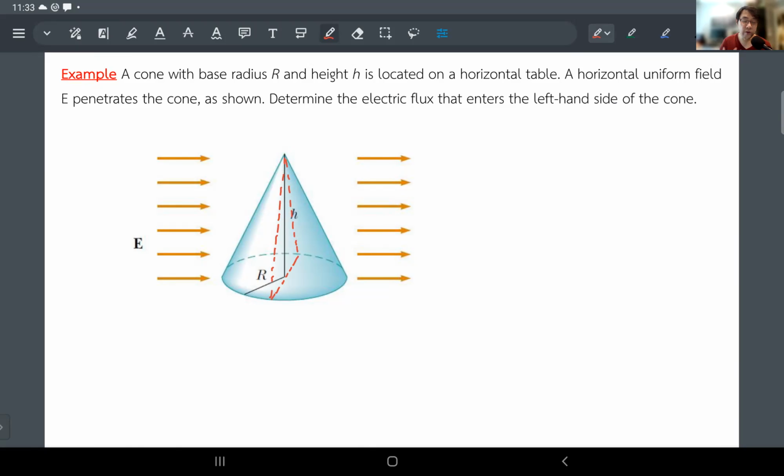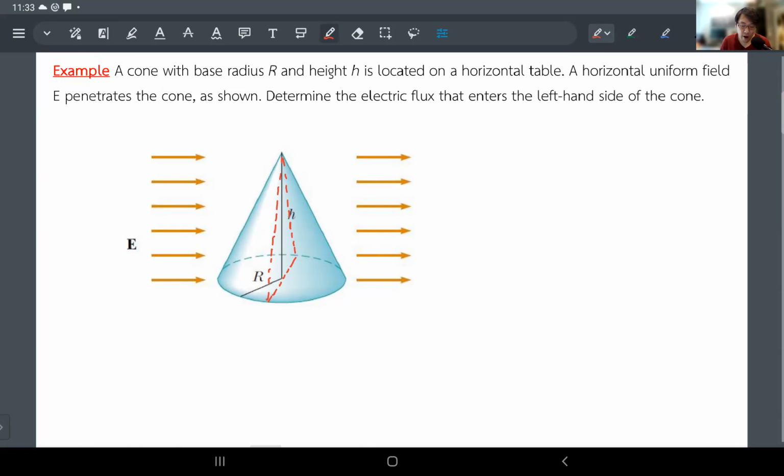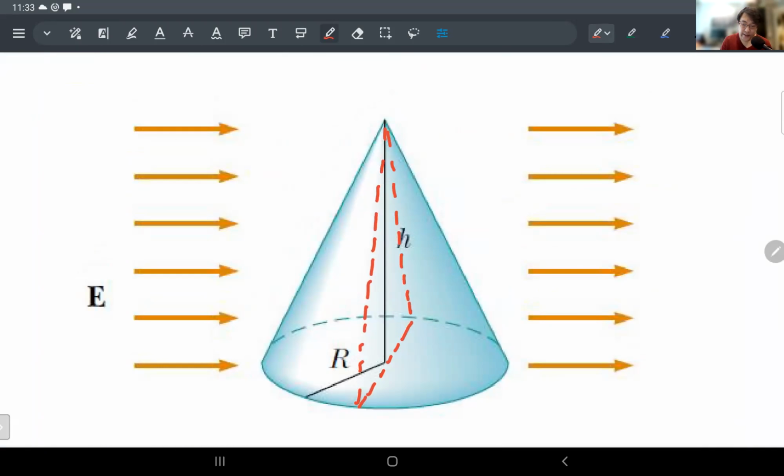All right, I'll have you look at this problem and think for a minute. How do I unfold the cone? The hardest part of this problem is that you just told us I need to draw an area vector, right? The area vector has to be perpendicular to the actual surface. Wouldn't you be crazy right now? You have to draw that crazy area vector.